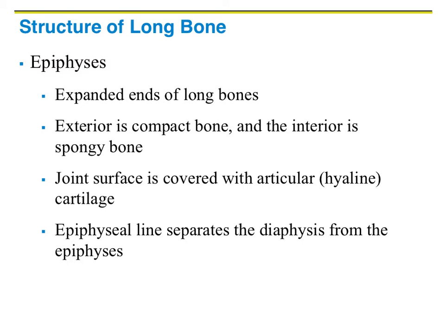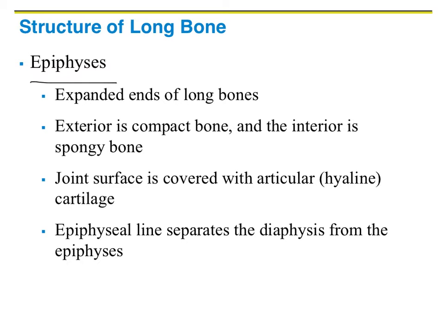The ends are referred to as epiphyses. The exterior is composed of compact bone, and the interior is composed of spongy bone. The joint surface is covered with hyaline cartilage, known as articular cartilage. The diaphysis is separated from the epiphyses by the epiphyseal line.